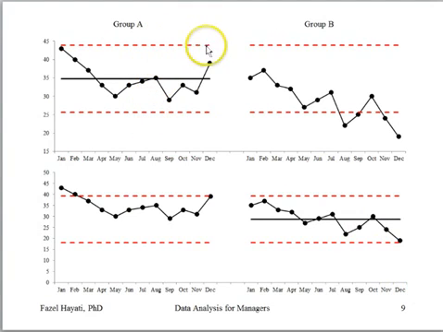If we extend the limits for group A, and we're assuming group B comes from the same system of causes as group A, then all these values must fall within the upper and lower control limits. However, we see that special causes are present. Therefore, we conclude that these two groups are not homogeneous and they don't come from the same system of causes.